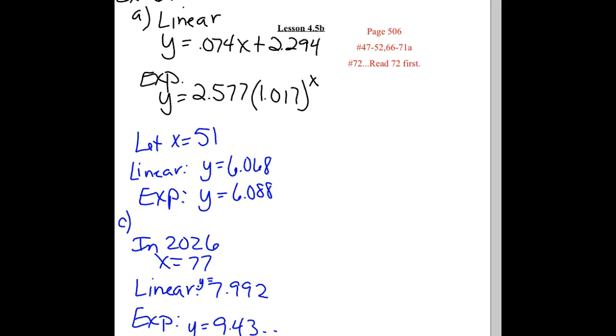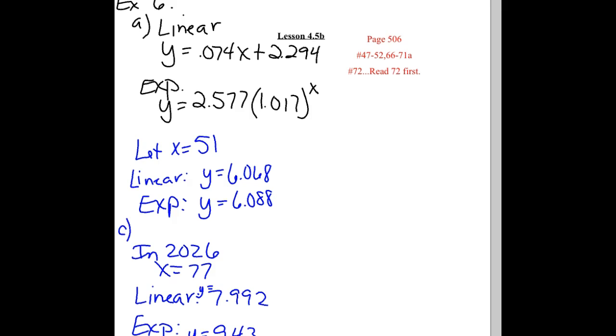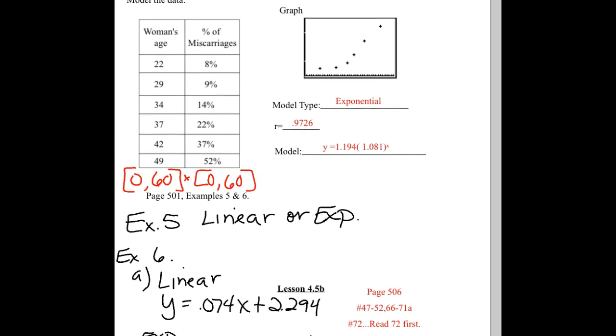Well, I don't want you to redo it. I don't want you to go back and retype all that data in your lists. In 47 to 52, it's asking you to graph it and pick the model, and then it says move on to the next question. But now in 72, it says go back and actually give me the equation for that.